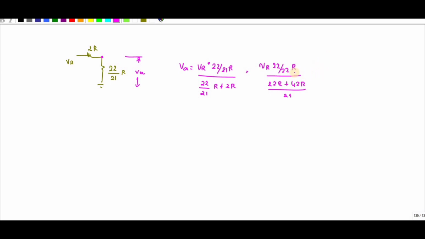On solving, I will get 22 VR, the R's get cancelled, and this is 64. So you will get 11 by 32 VR.